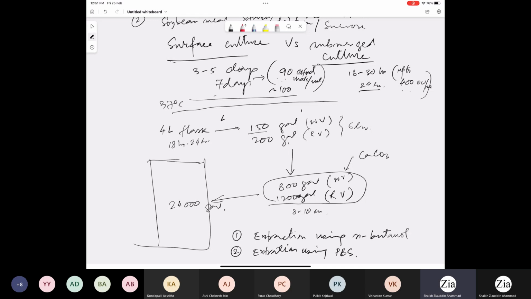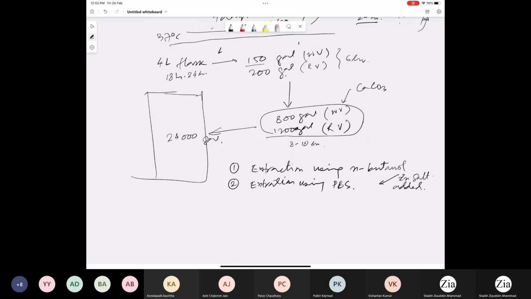And deliberately, during this process, a certain amount of zinc salt is added to get zinc tagged bacitracin, because zinc tagged bacitracin has higher potency, and also it shows more stability.